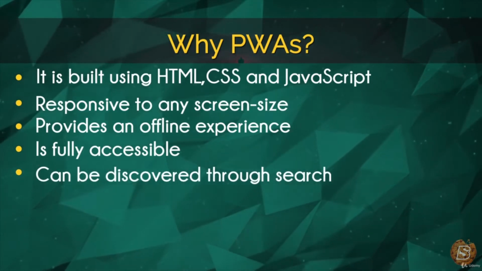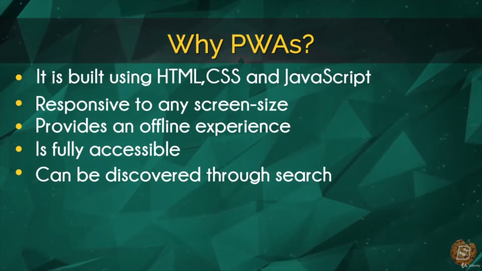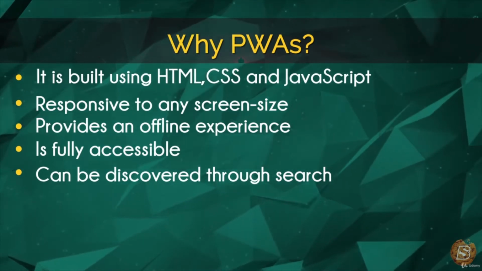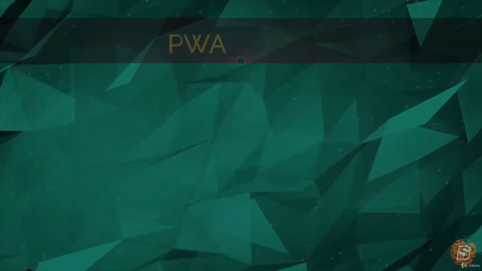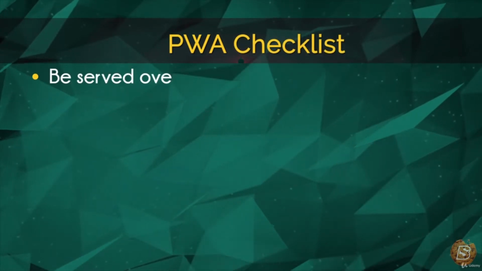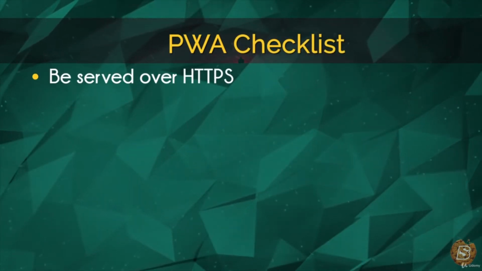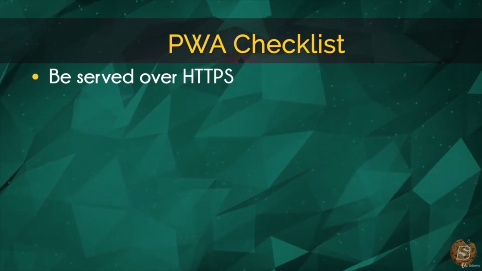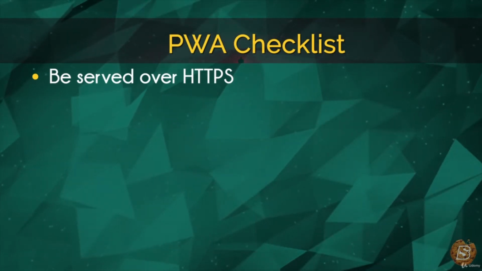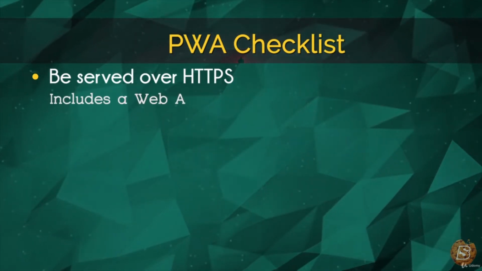But before we go ahead and start creating our PWA, let's see what are the minimum checklists that we need to follow. The first requirement is that it should be served over SSL. So our content must be hosted on a secured site, and once that is there, we must have a web manifest.